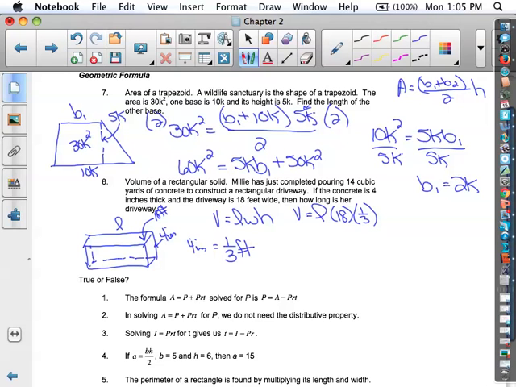So what we have left then is to convert the 14 cubic yards into feet. So how many cubic feet would be in 1 cubic yard?